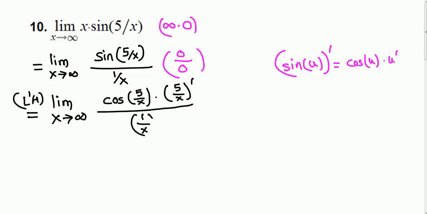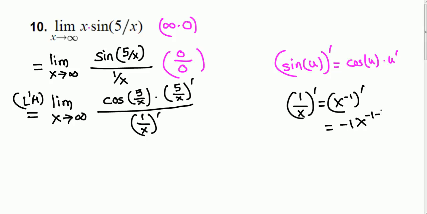We know the derivative of 5 over x: we can pull the constant 5 outside, and we will have the derivative of 1 over x. We found that in a previous question. The derivative of 1 over x: 1 over x is the same as x raised to negative 1, so using n x to the n minus 1, we get negative 1 x to the negative 2, so negative 1 over x squared.